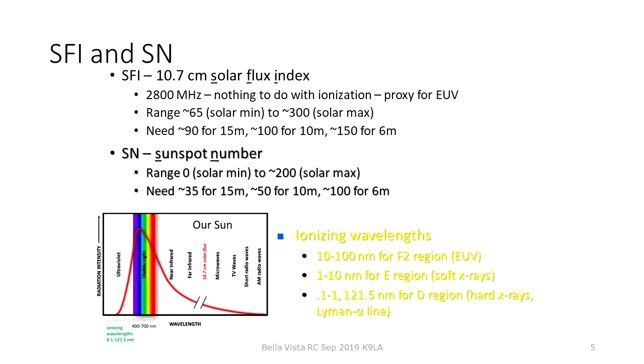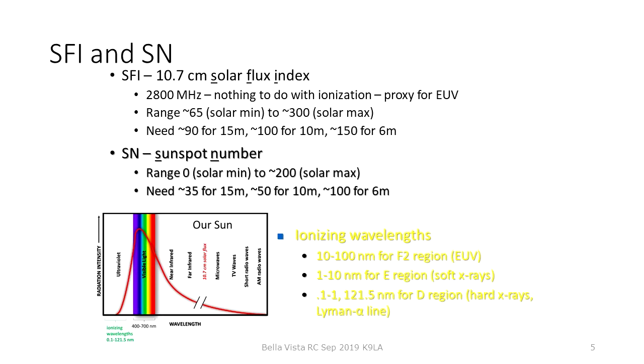And that second bullet under sunspot number tells us, if you're using a sunspot number, what we need for 15, 10, and 6. So if we're at 0 sunspots right now, that does not bode very well for 15, 10, or 6 meters. Of course, we've got to remember that 6 meters also can have sporadic E openings, which generally have nothing to do with the solar cycle.